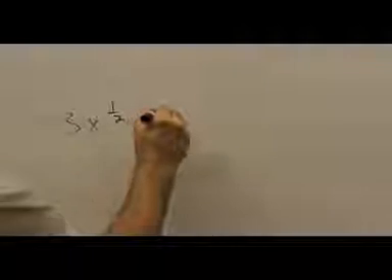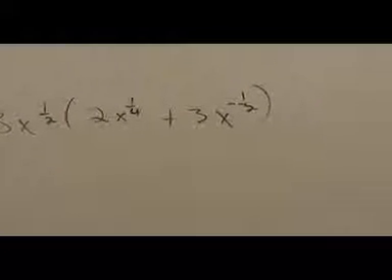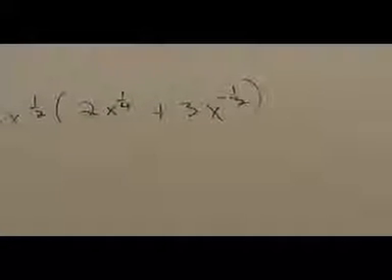So we have minus 3x to the 1/2 quantity 2x to the 1/4 plus 3x to the negative 1/2. Is that right? I'm looking. Yeah. This one requires us to do distribution and then whatever exponent rules we need.